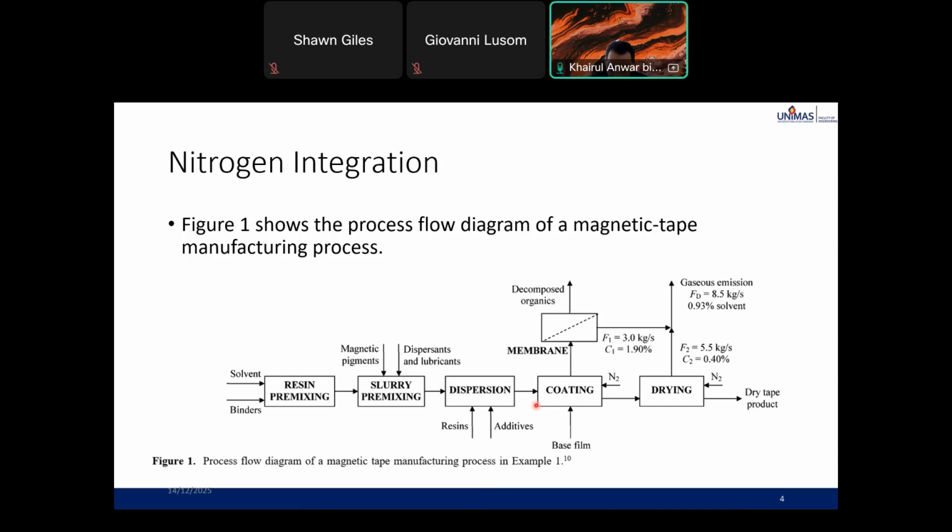The decomposed organics are then separated from the coating chamber exhaust gas using a membrane unit. The retentate stream, consisting mainly of nitrogen gas and laden with 1.9 weight % organic solvent, leaves the membrane at a flow of 3 kg per second.